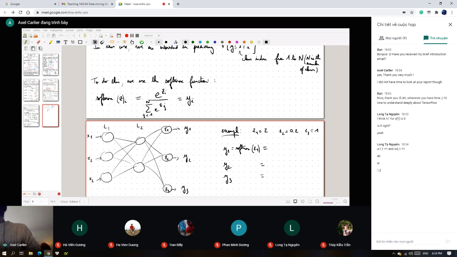I'm doing it live. So Z equals 2, 0.2, and 1. And Y equals exponential of Z divided by the sum of exponential of Z. This is so weird.